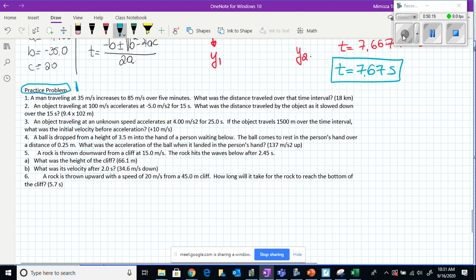Also, open the kinematics equation quiz or assignment on D2L and start working on those questions as well. We will deal with the questions for the rest of the time here with me or tomorrow.